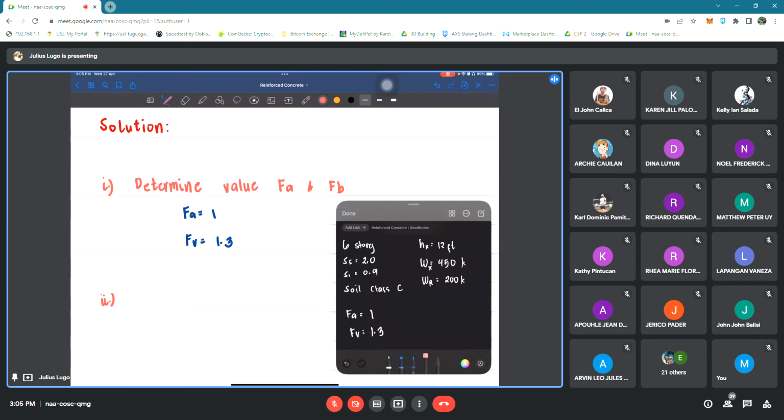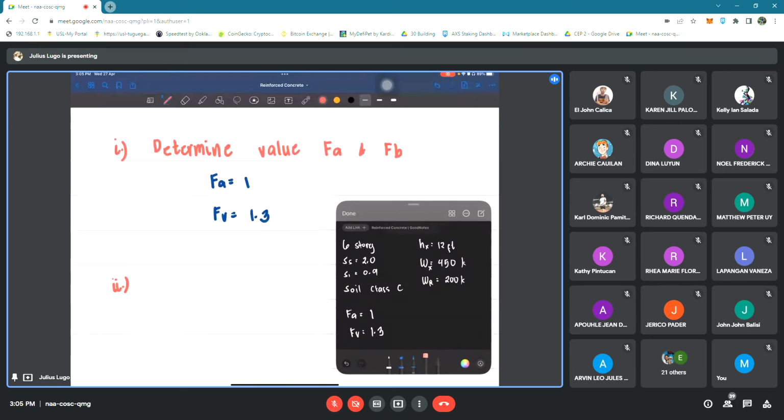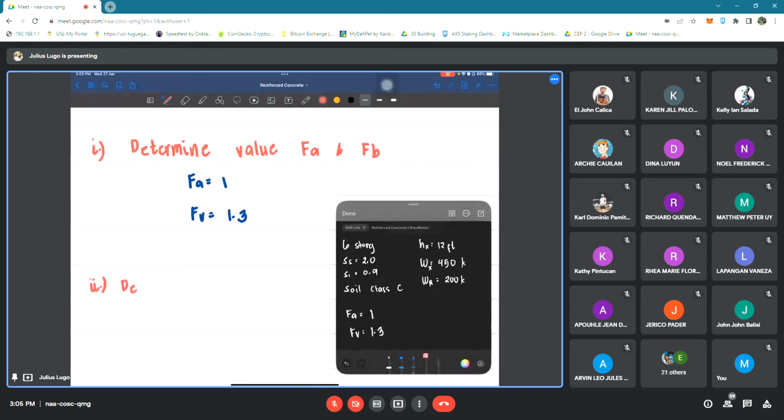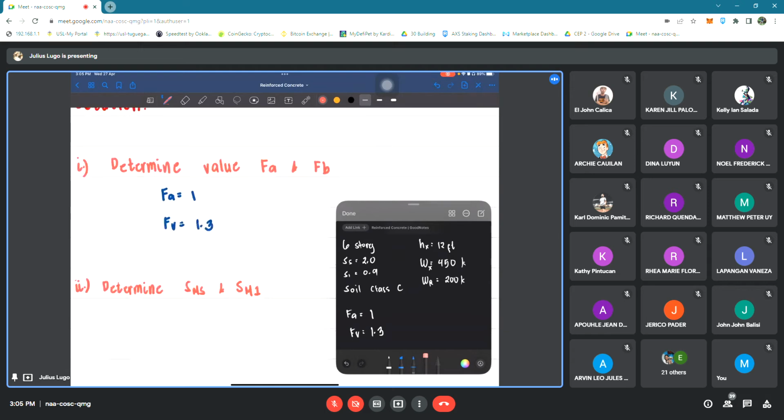Okay. So, second step naman is actually to determine the values of your SMS and SM1.